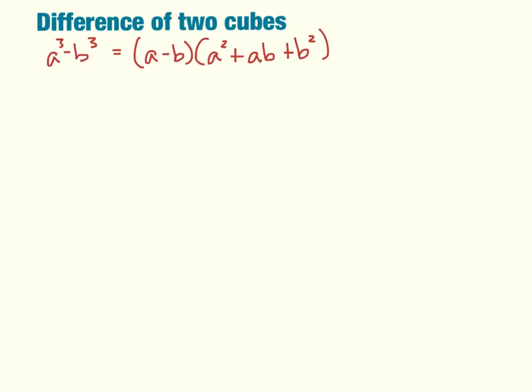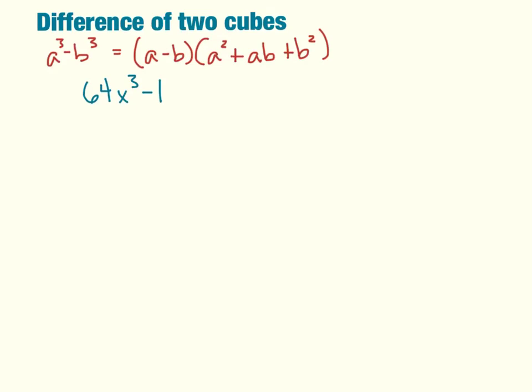Let's see what this looks like. If I have 64x cubed minus 1. Just like any other time, I check, is there anything I can factor out first? No, these two things don't have anything in common. So now I see that I have a binomial, because sum or difference of cubes will always be a binomial.